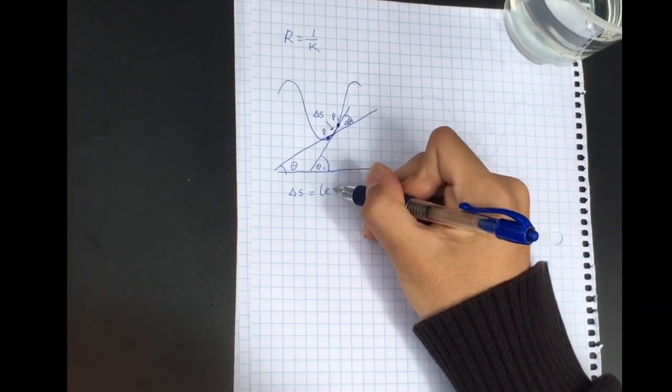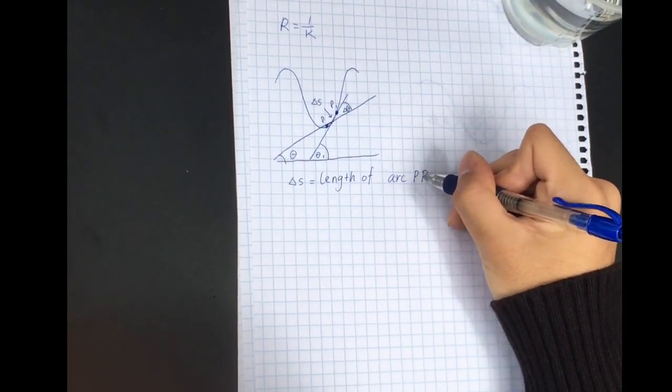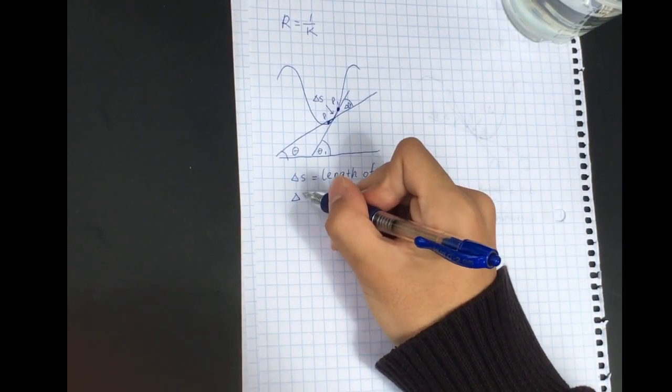And we know that delta S is the length of the arc P to P1, and delta theta is the angle turned by the tangent line as it moves from P to P1.